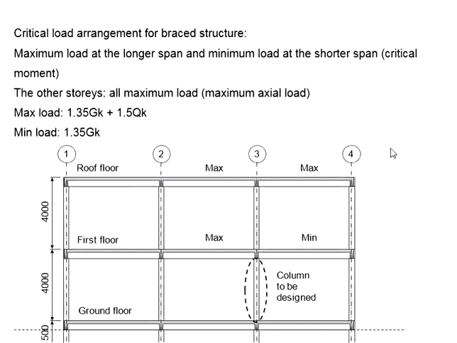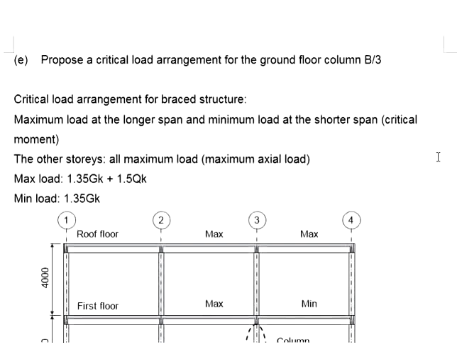First, if you know that you need to deal with the critical load arrangement, that means you're going to play around with the maximum load and the minimum load. And when you talk about the design of the reinforcement for the column, we are referring to the axial strength and the moment. Those are classified under the ultimate limit state. Therefore, you're going to apply the factor of safety 1.35 for GK and 1.5 for QK.